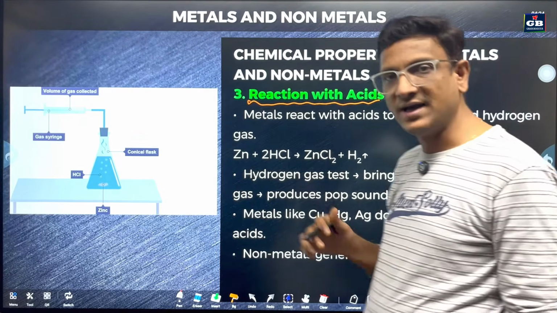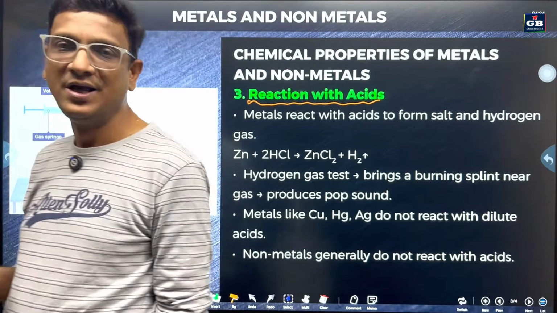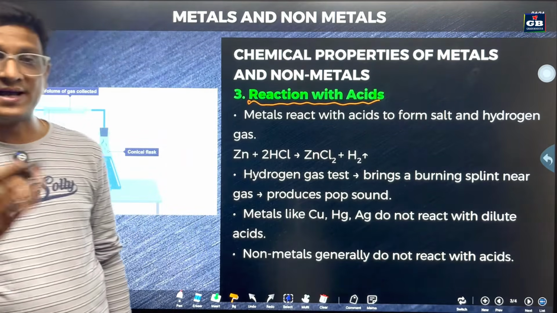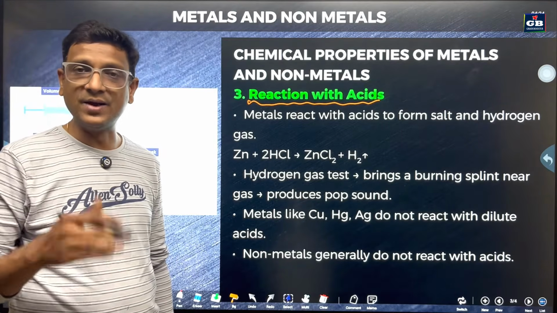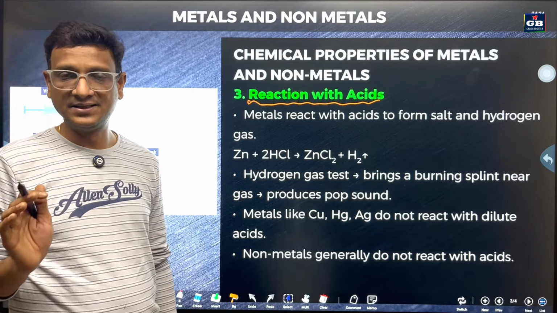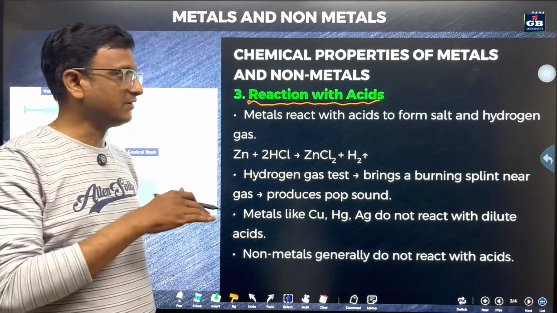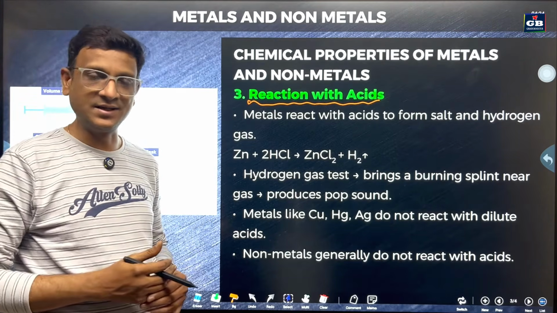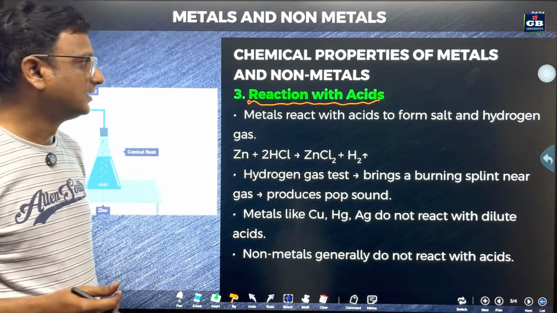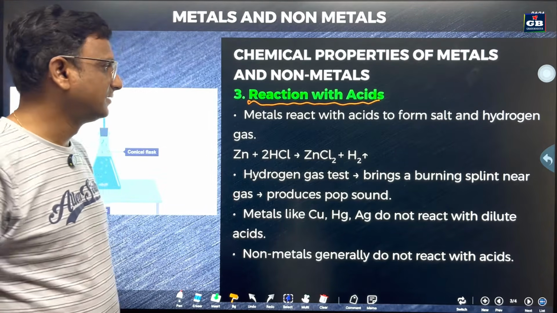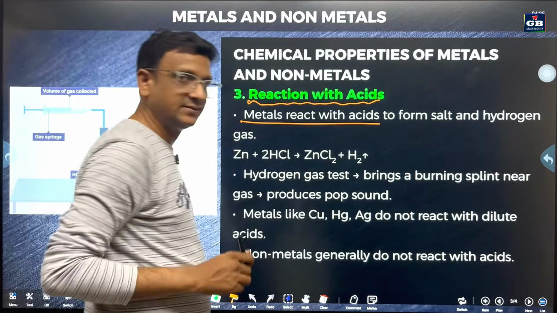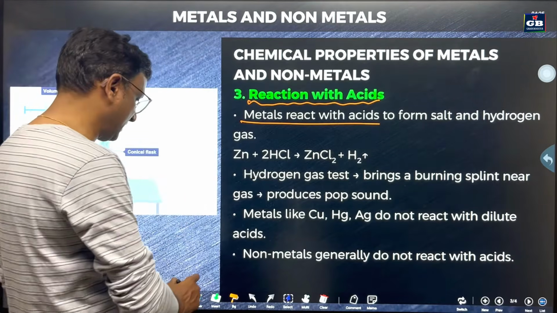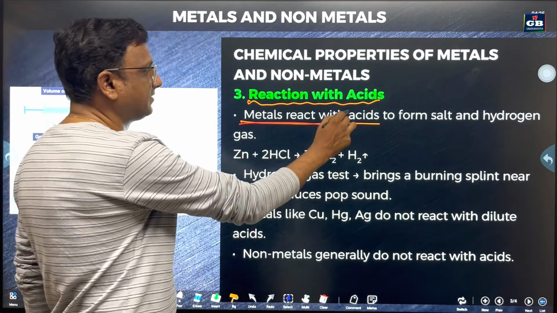The same thing we have learnt in the acids and bases lesson also, because there we learnt how acids react with metals, how acids react with non-metals. The same topic here we are studying from the side of metals. There we studied from the side of acids in that chapter. Now here, do metals react with acids? Metals react with acids. It's clearly given here. Yes, metals react with acids.